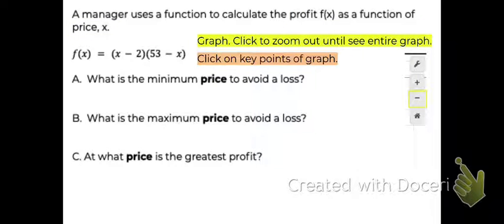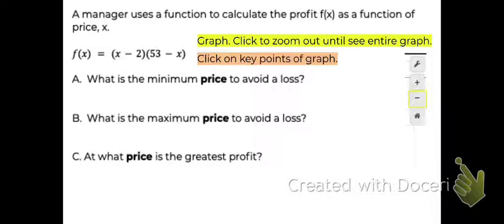If you graph this on the graphing calculator, you might not see it at first, so you need to zoom in and out using these buttons over here on the right that I'm showing you. And you might need to click on the graph and slide it from left to right or up or down. You need to recognize that you are only looking at the part of the graph that makes sense. So for instance, if the price is the x-axis, we only care about the price when it's positive.